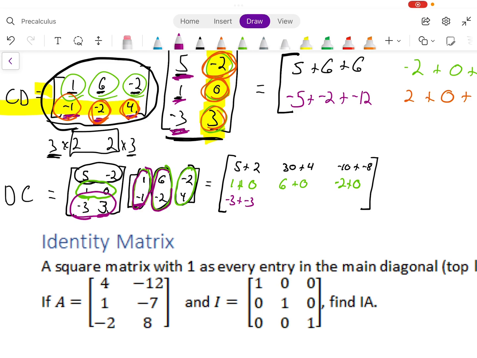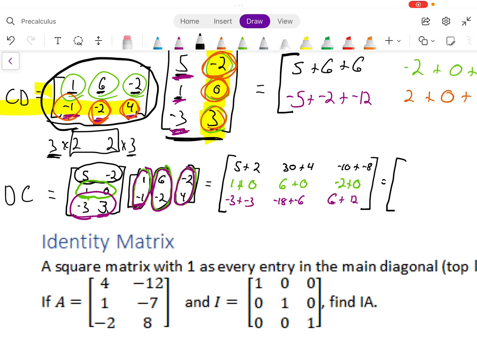Last row with second column. Negative 3 times 6 is negative 18, and 3 times 2 is negative 6. And then we go our last row with our last column. Negative 3 times negative 2 is 6, plus 3 times 4 is 12. And now we can put our answer.